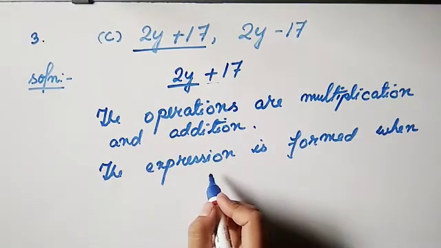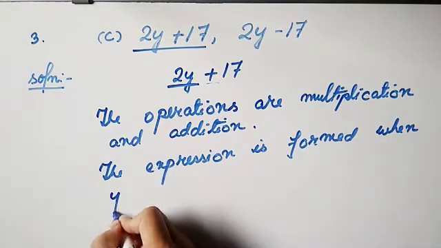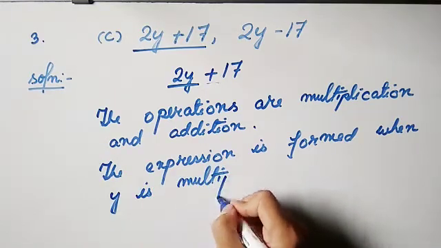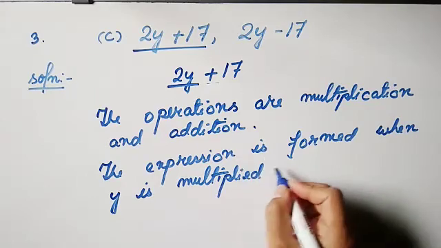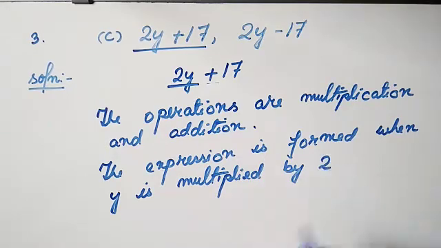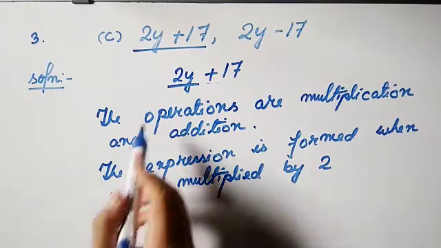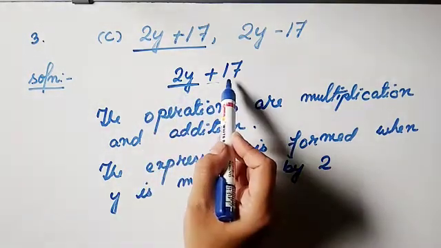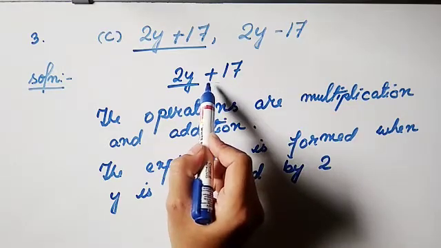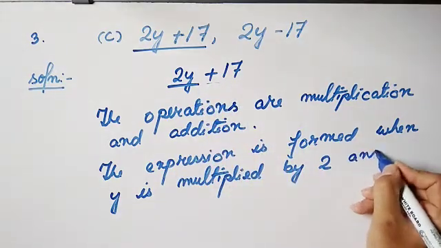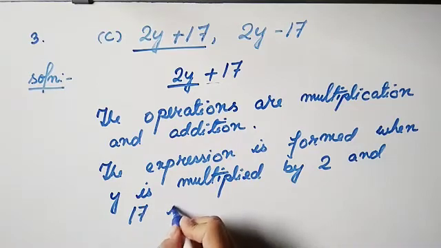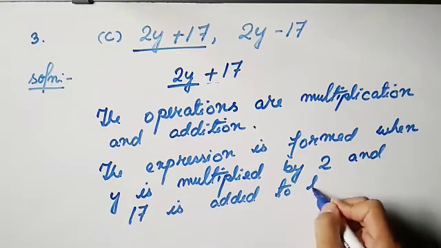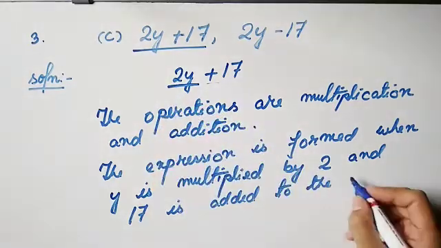So when y is multiplied by 2, we will get 2y. After that, this number 17 is added to the product.